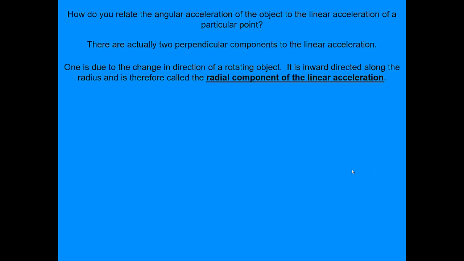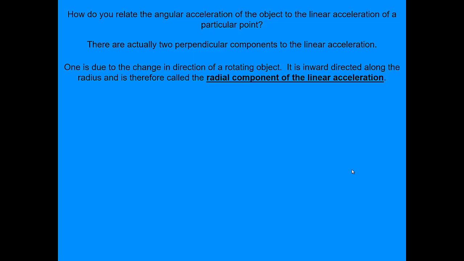We almost always speak of the linear acceleration of a rigid object rotating about a fixed axis in terms of these perpendicular components, not the overall linear acceleration, which we could certainly create if we had to, with a little Pythagorean theorem and an inverse tangent. As we know from uniform circular motion, an object moving in a circle always has an inward directed acceleration and an inward directed net force, which we called centripetal.